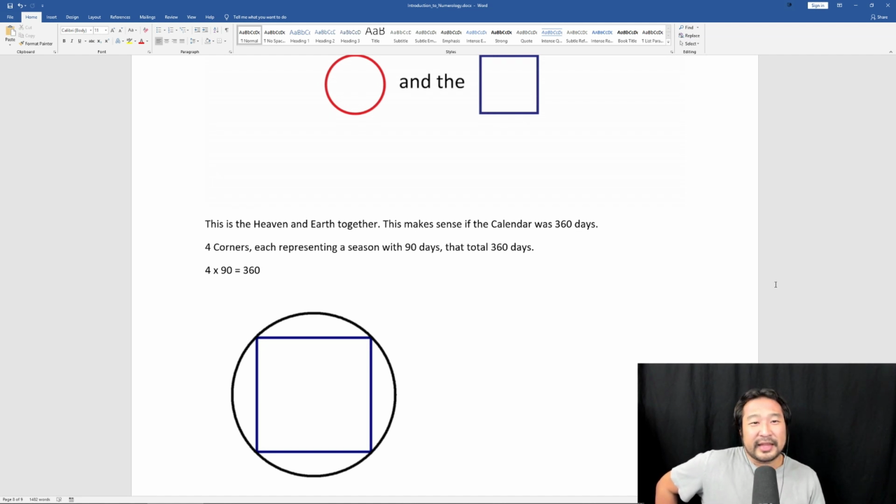And if you even think about a circle and any one of these ancients that knew math, 360 days, that's a circle. So if it's not 360 degrees, it's 365, it's not a circle anymore. It's an ellipse.